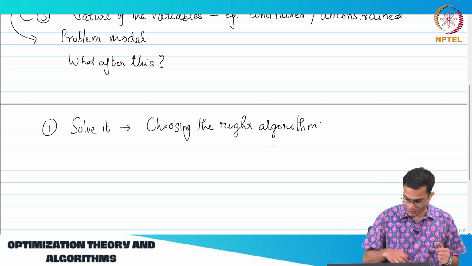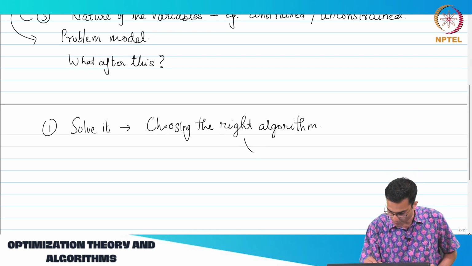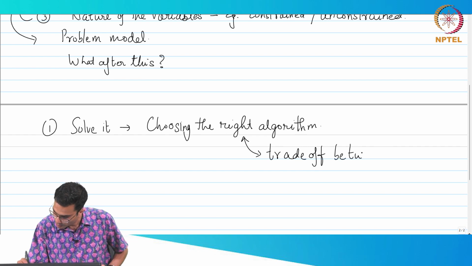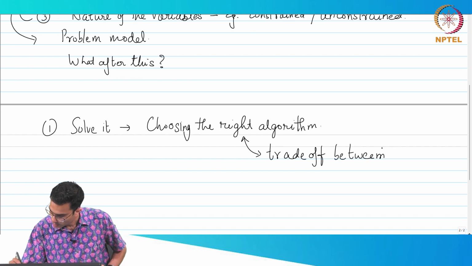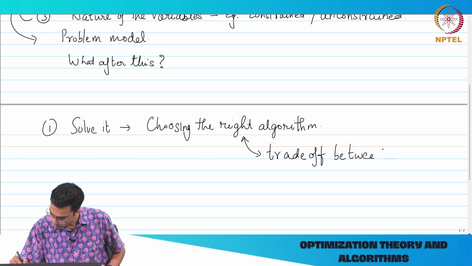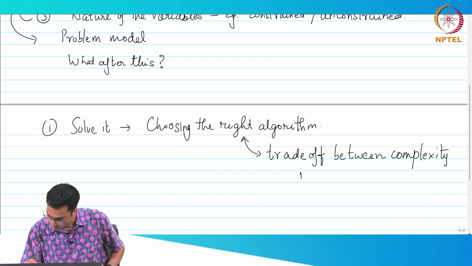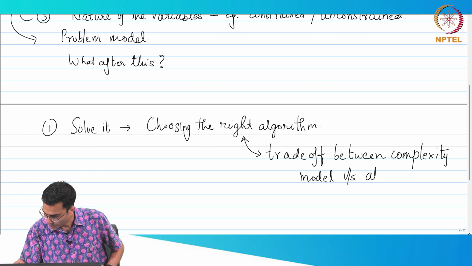So this is something to keep in mind. Let me make a note of that over here: trade-off between complexity, model versus algorithm.